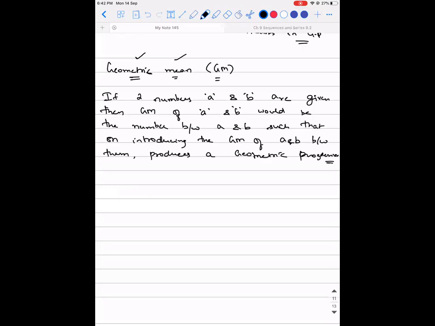So, if I have two numbers A and B, and I introduce a geometric mean G between A and B, then this whole sequence will be a geometric progression. Are you clear with this?